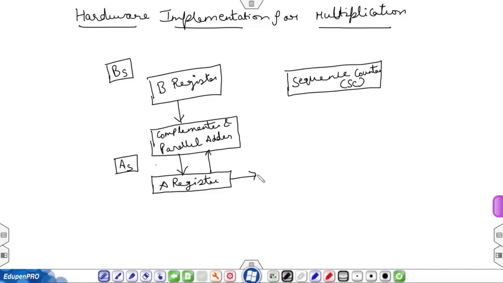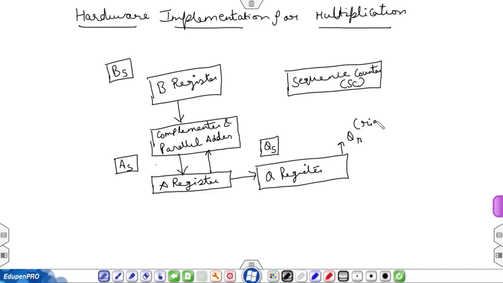Here the A register is attached with the Q register. The Q register is used to store the multiplier. The sign of the value that is stored in Q is stored in the QS flip-flop. The rightmost bit will be called QN.